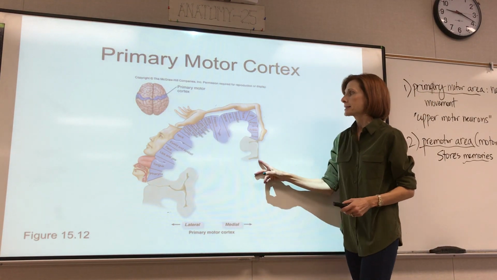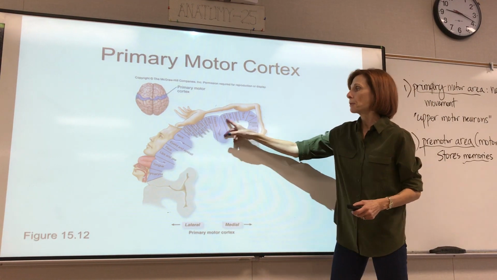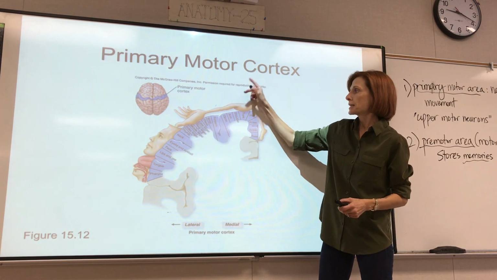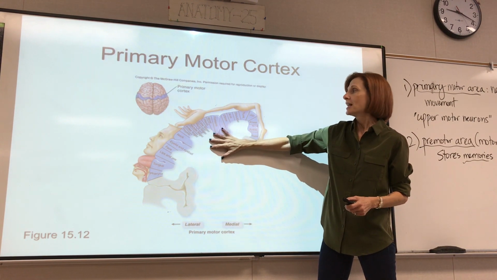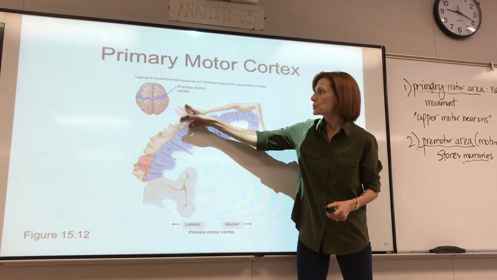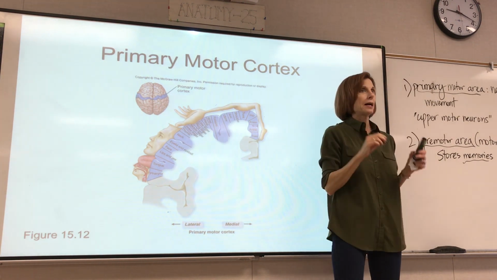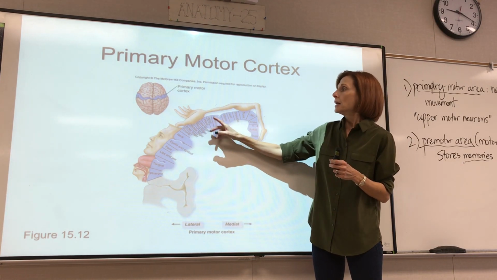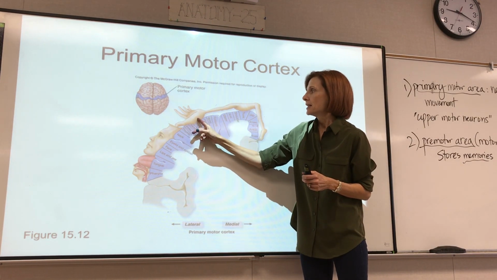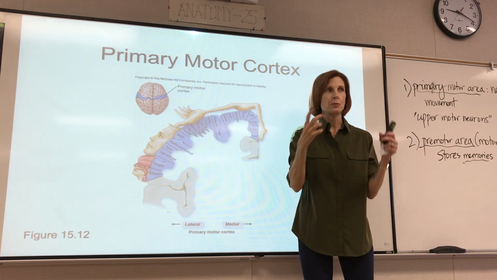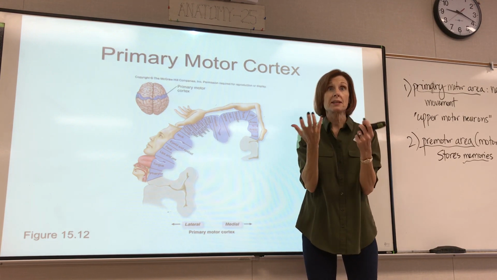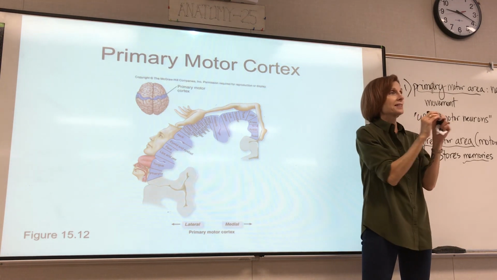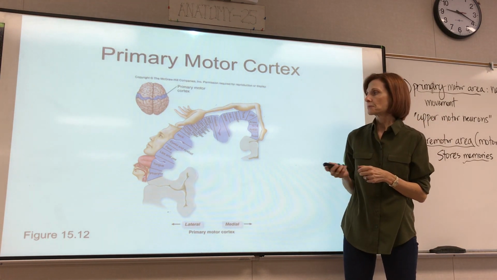This will not be on the test, but this just shows you the parts of the body and how they're represented on the motor cortex, and there's also one for the sensory. For each body part, it shows you how much of the cortex is devoted to that area. Notice how large the hand is. This makes sense because we use our hands to do so many things, so we have a lot of motor neurons going to the hand to help control movement there.